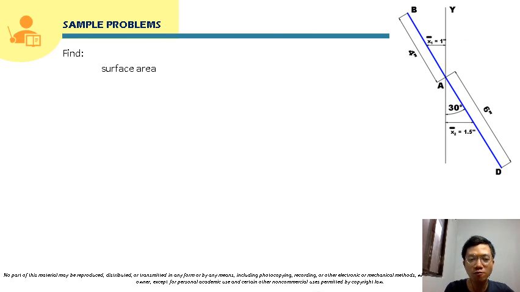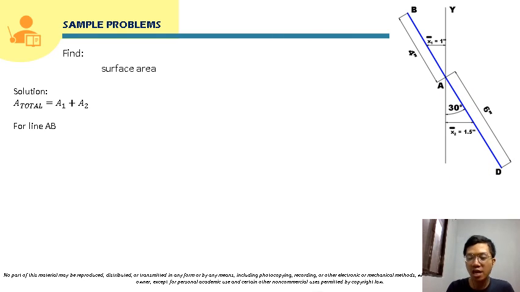To solve for the surface area generated by revolving line AB and line AD about the y-axis, we are going to separately revolve these lines. So the total surface area will be area 1, generated by revolving line AB about the y-axis, plus area 2, generated by revolving line AD about the y-axis.